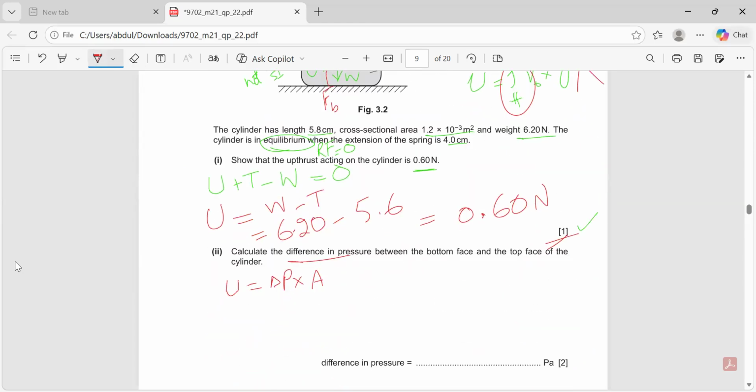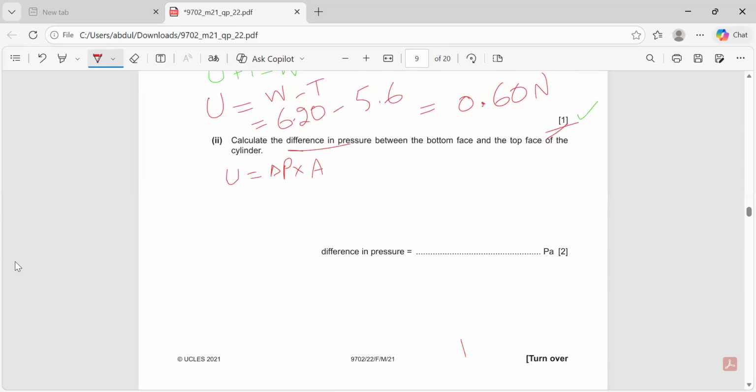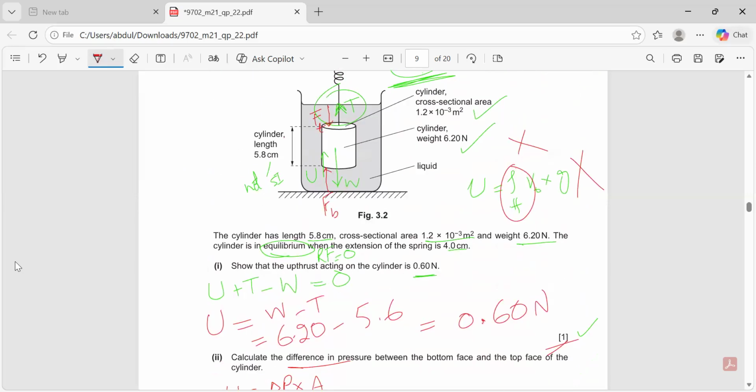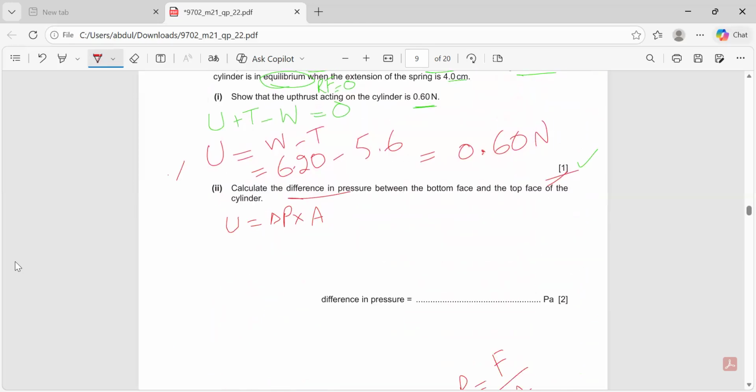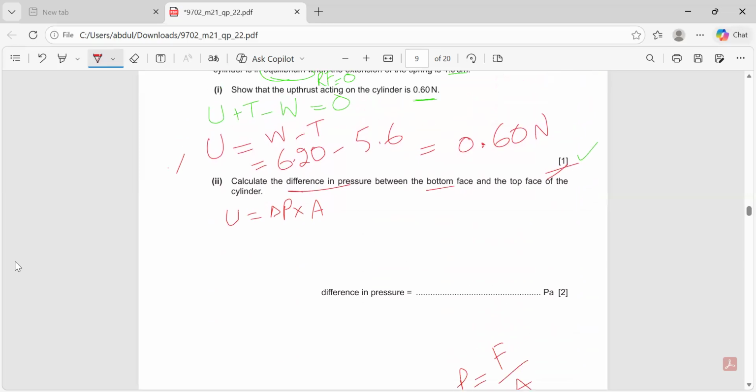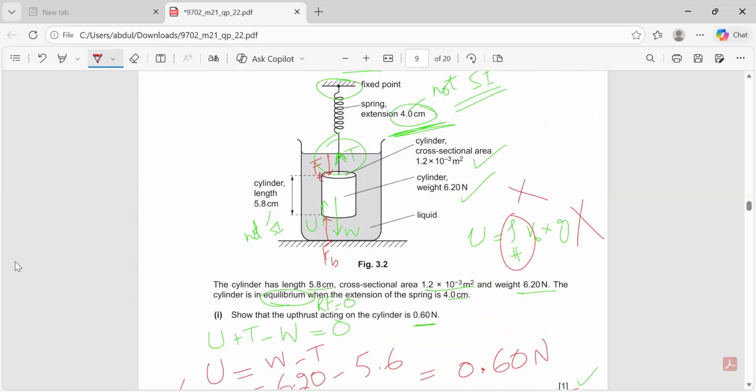Now, why did I write upthrust is equal to change in pressure times area? Pressure is equal to force over area. On this cylinder, the resultant force acting is equal to the upthrust. So pressure P will be equal to U over A, so U is equal to P into A. But between the bottom face and top face, there will be a difference of pressure. At the top face, pressure will be lower because depth is less.